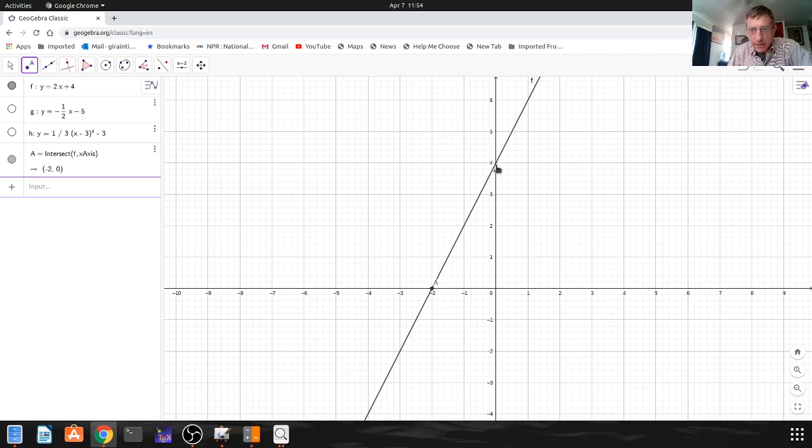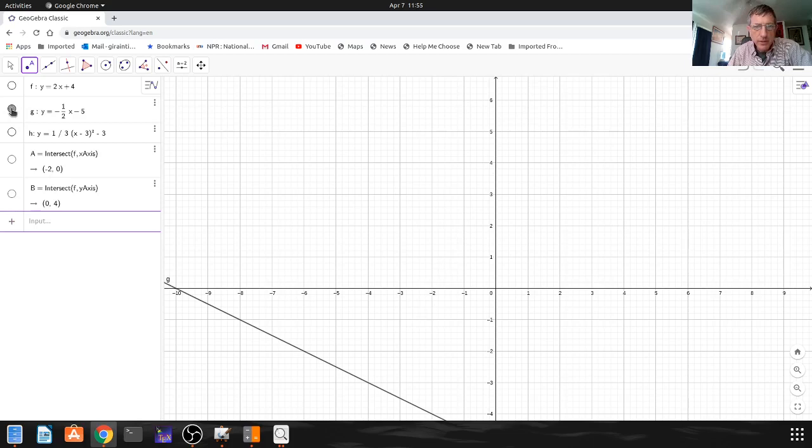And it looks like the value here would be (-2, 0). And here is the other point where the graph crosses the y-axis. So that's the y-intercept. And that point is going to be (0, 4), which you can see over here. So let's look at some others. Let's look at another one.